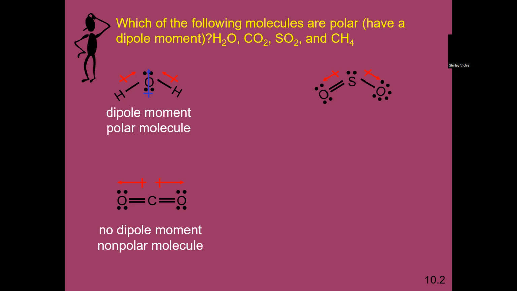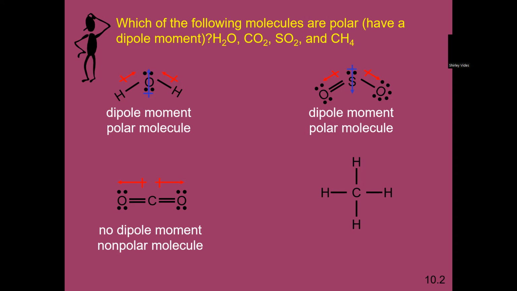In this case, they have the same direction and the same magnitude, so they add up to a larger vector going down. And the last one that we have is methane, and carbon is more electronegative than hydrogen.